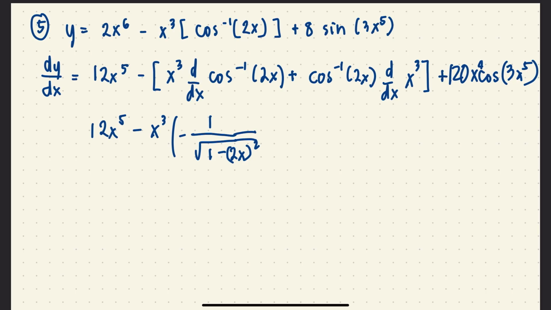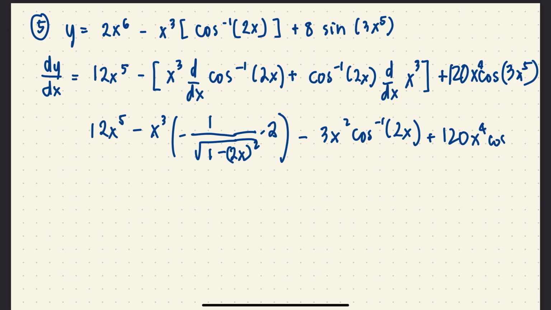Then the derivative of 2x is just simply 2. Then we distribute the negative sign. Negative, then the other one is also negative. Then the derivative of x cubed is 3x squared, so 3x squared arc cosine of 2x plus 120x raised to 4 cosine of 3x raised to 5. This is now your derivative.